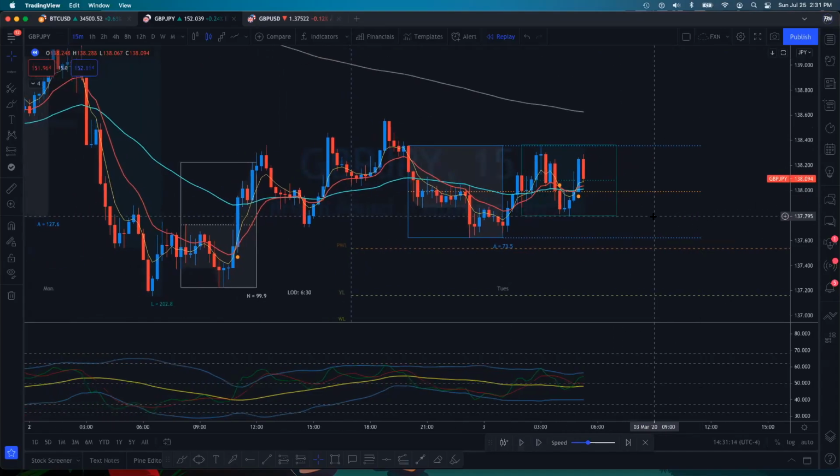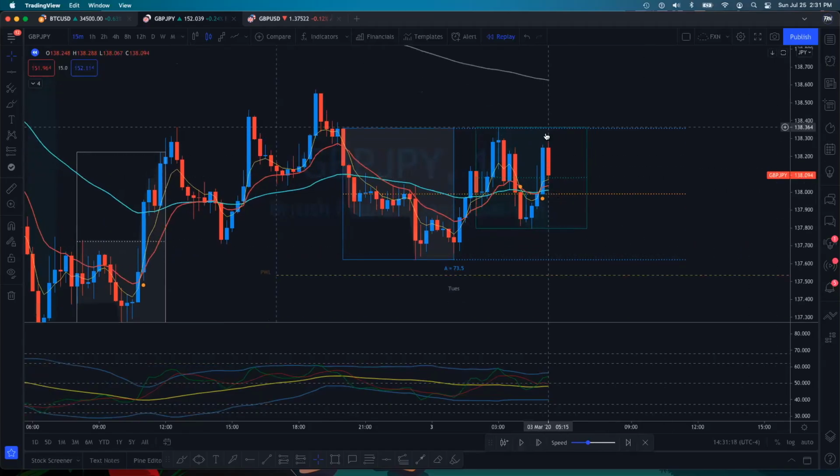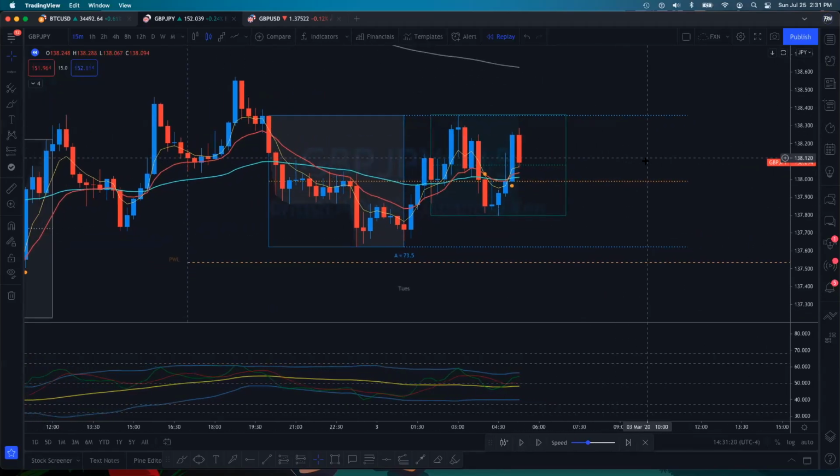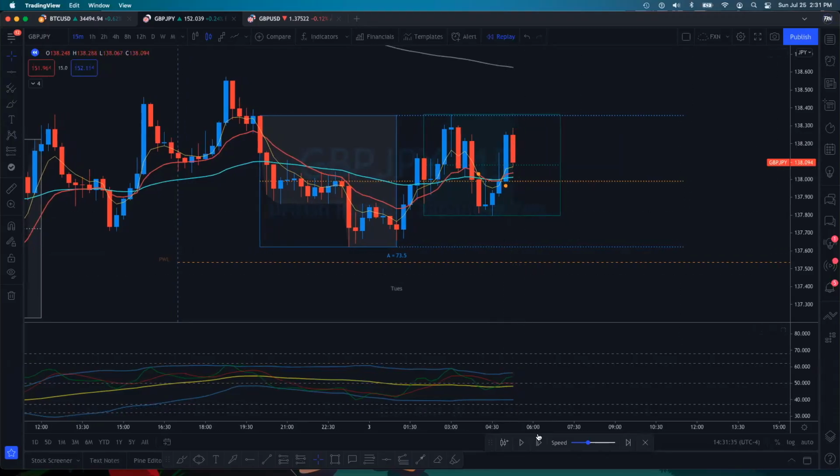I mean, that's a railroad track there, and it didn't come all the way back up to the top either. It's a 16 pip stop loss. I really want to pull back on that.